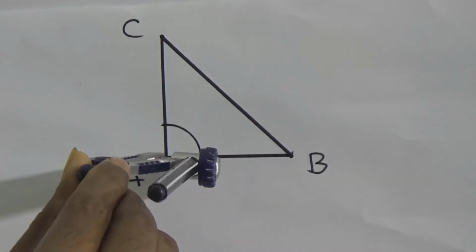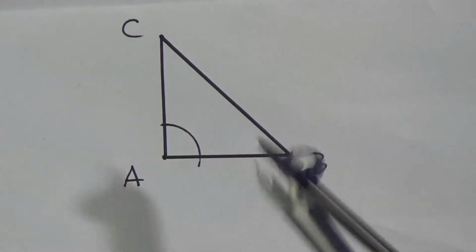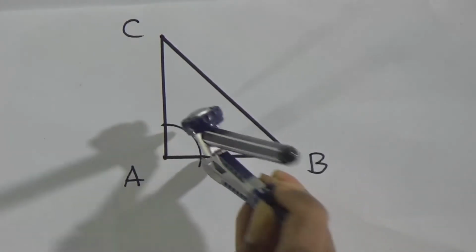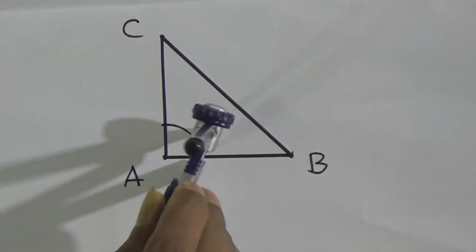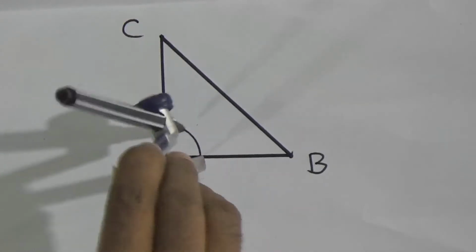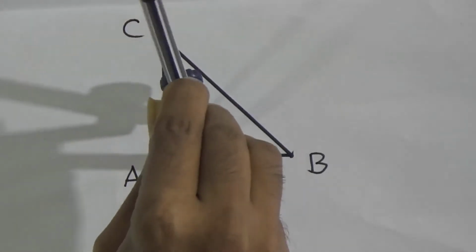Then place the compass here, and taking more than half of the radius, you draw an arc.